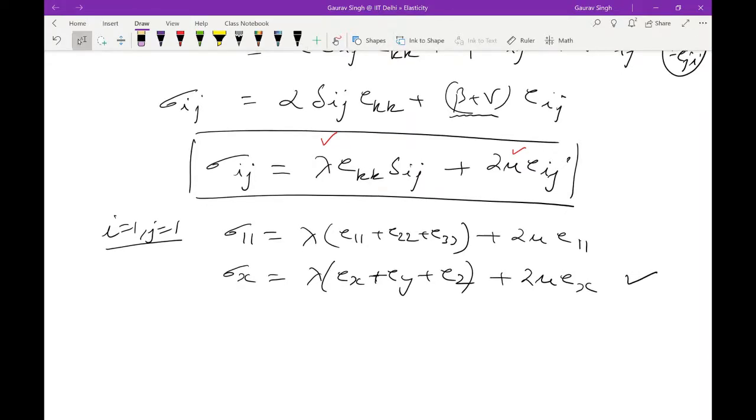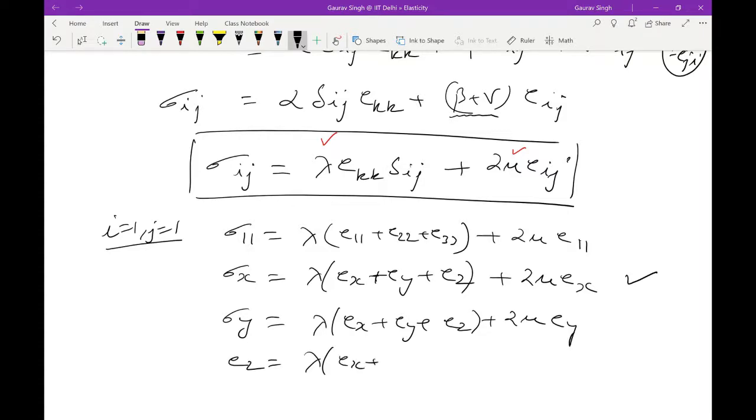Similarly, if one wants to write sigma y, they should choose sigma 22 and i equal to 2, j equal to 2, and so on. So this would look like sigma y is equal to lambda (ex plus ey plus ez) plus 2 mu ey. Sigma z is equal to lambda (ex plus ey plus ez) plus 2 mu ez.